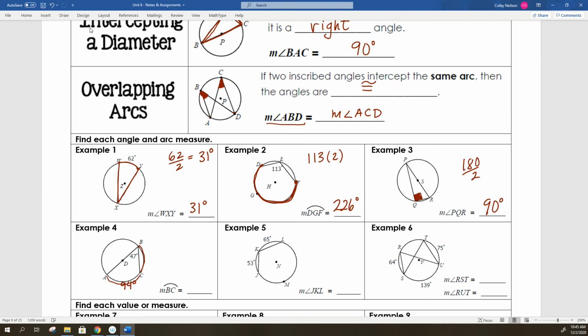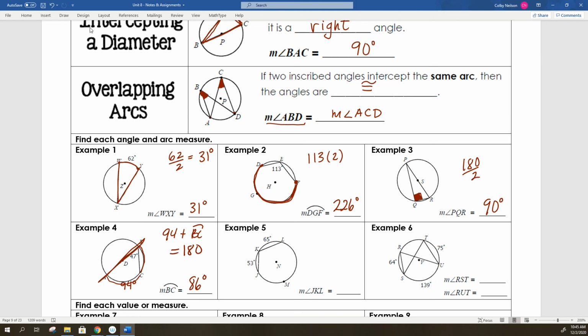Just subtract 94 from 180. Because together, 94 and this arc we're looking for should equal 180 because we have this diameter right here, right? So what's 180 minus 94? 86? Yes. Wonderful.